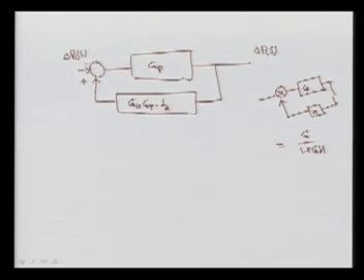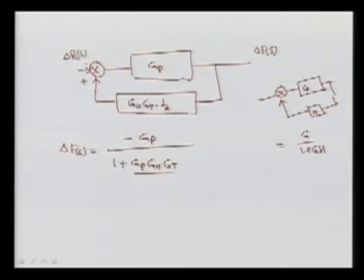Similarly, using this concept, the change in frequency in the S domain will be minus Gp over 1 plus, because the minus is coming here, the minus GH will be minus. So this is a plus, this is a minus. We can write Gp, GH, GT, divided by R.